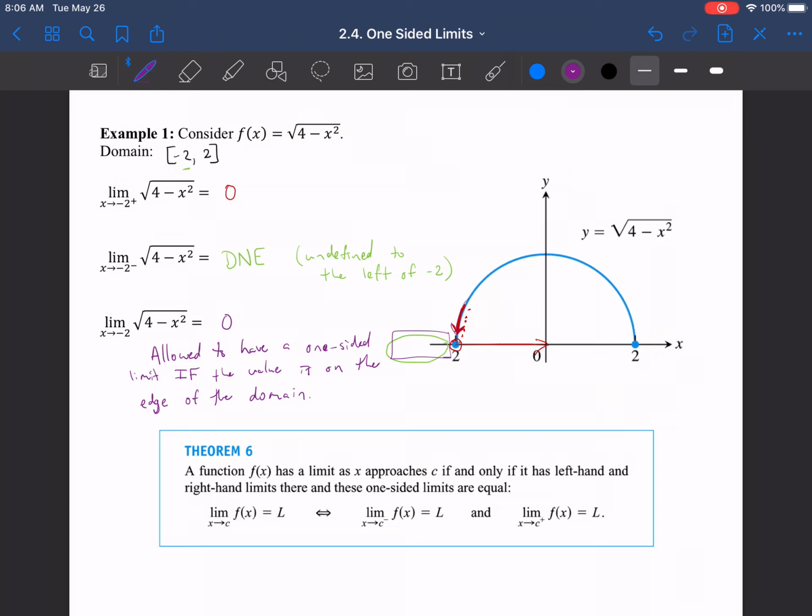Okay, so the last section, we didn't even talk about something like that, but now that we know about the one-sided limits, basically if we have a regular limit and it's on the edge of the domain, we can just do the one-sided limit of it, okay?